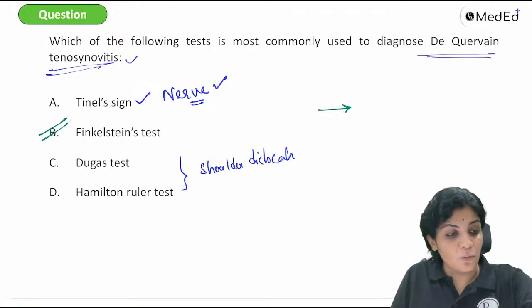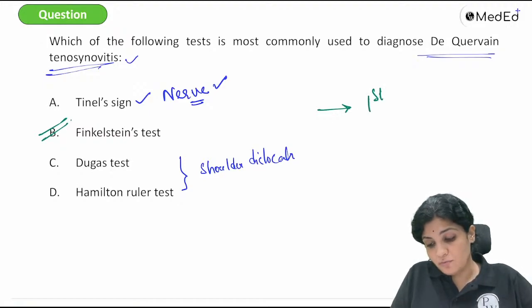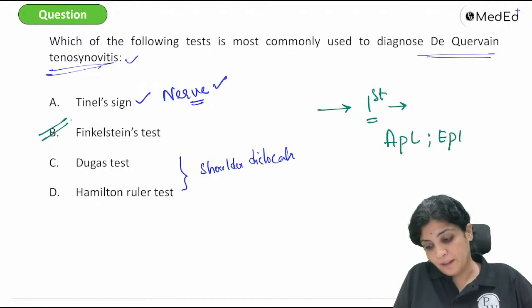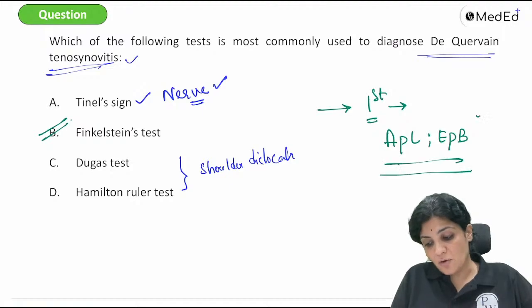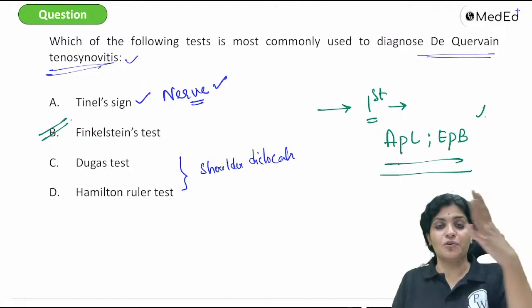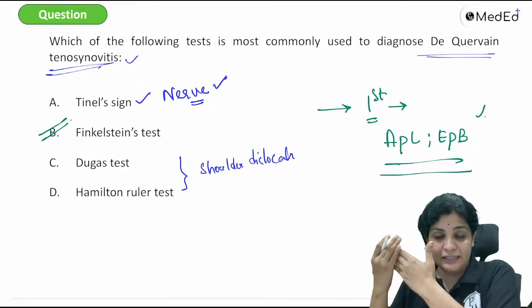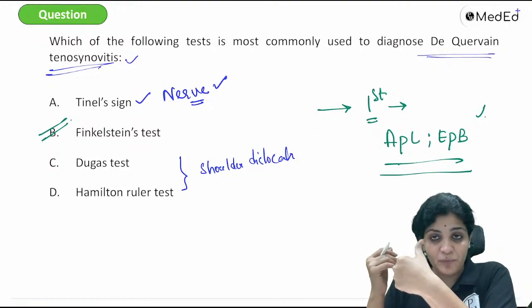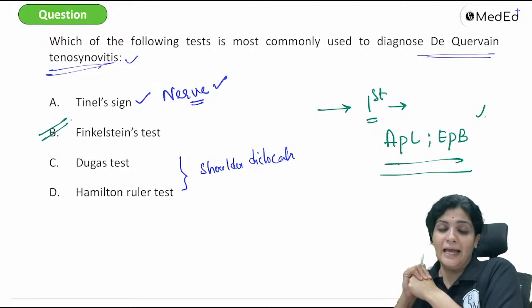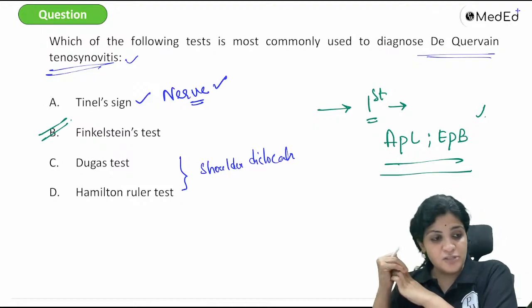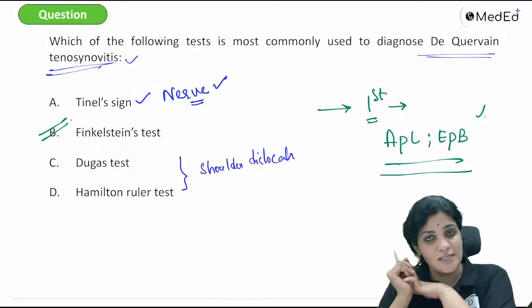De Quervain's is where there is involvement of the first compartment extensor tendons, that is APL and EPB: abductor pollicis longus and extensor pollicis brevis. If you remember, there are six extensor compartments in the hand. The first compartment, which supplies the thumb, has abductor pollicis longus and extensor pollicis brevis.